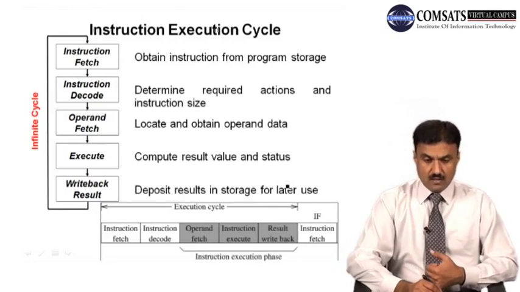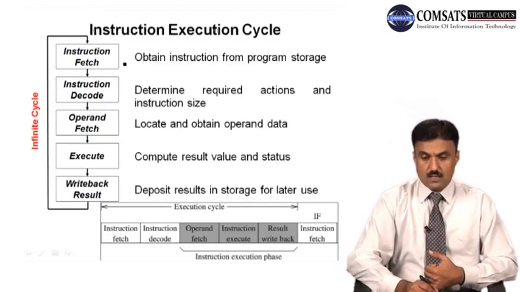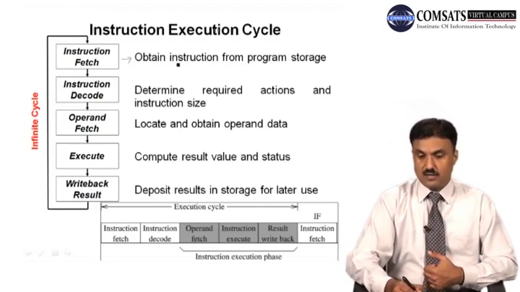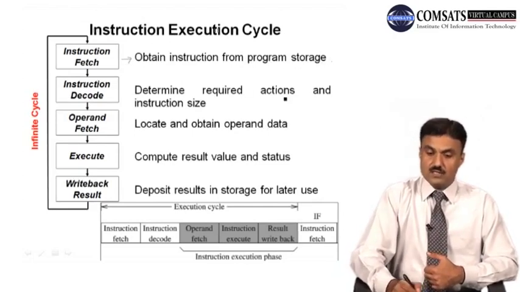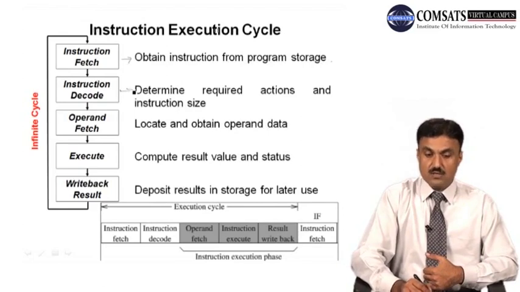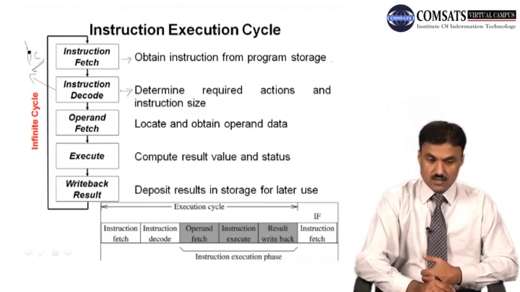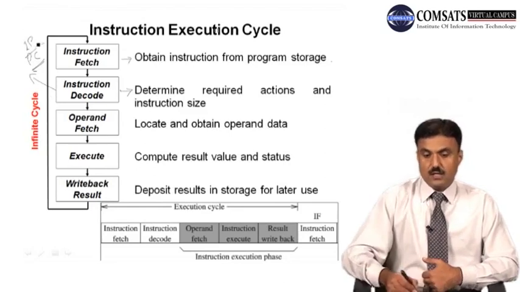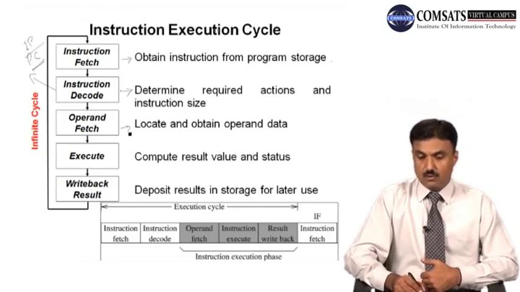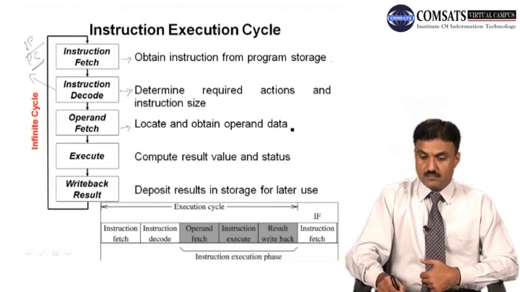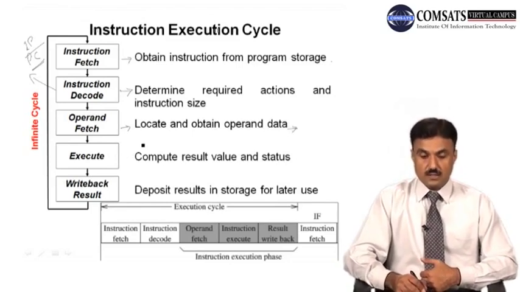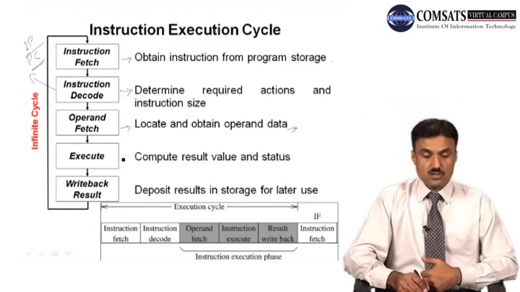So all these steps are defined here. First, obtain the instruction from the program storage, then determine the required actions and instruction size. Based on the instruction size, we decide what the increment inside the program counter or the instruction pointer should be. Third, locate and obtain operand data: what operands we are using inside the instruction.